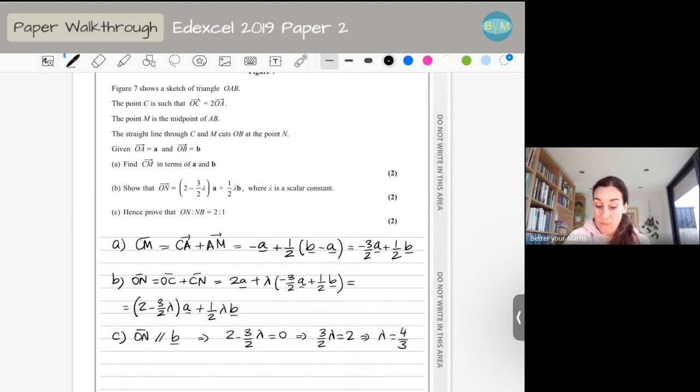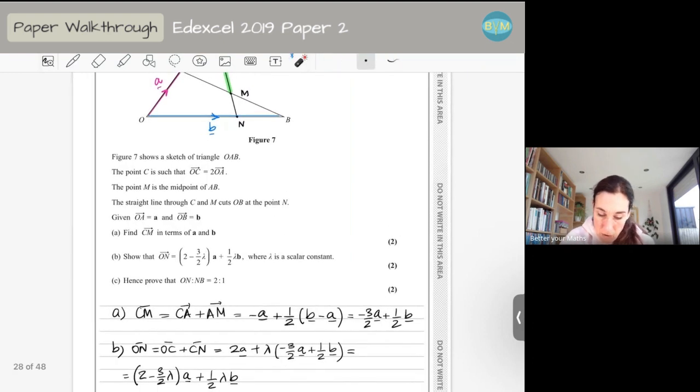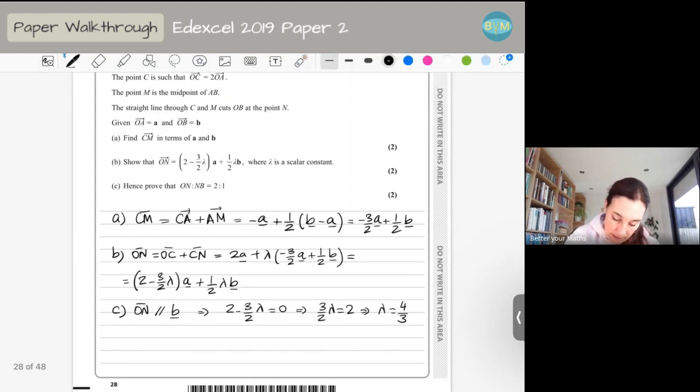If lambda is 4/3, that means ON is, well, this component is 0, and then it's 1/2 times lambda times B, which is 1/2 times 4/3 times B, which is 2/3 of B.